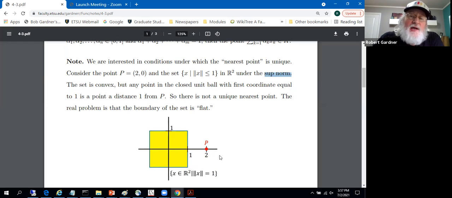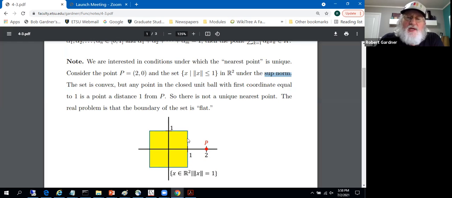But there's not a unique point in the unit ball that is distance 1 from this point P. In fact, if we take any point along this right-hand boundary, any point of the form 1 comma something, as long as the something, the y coordinate, is between -1 and 1, then we'll get the distance between these points to be 1 under the sup norm.